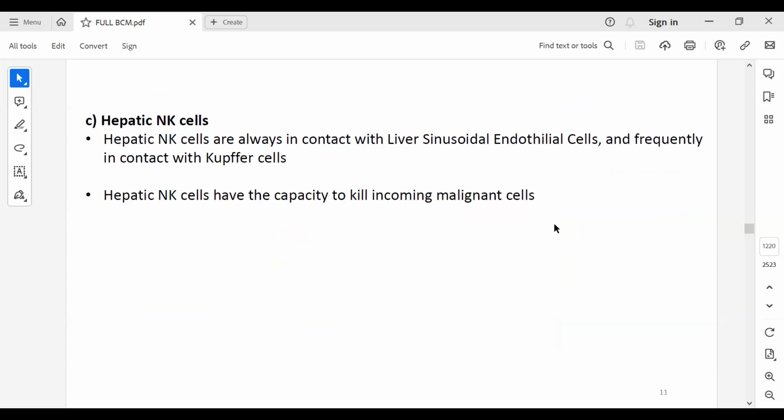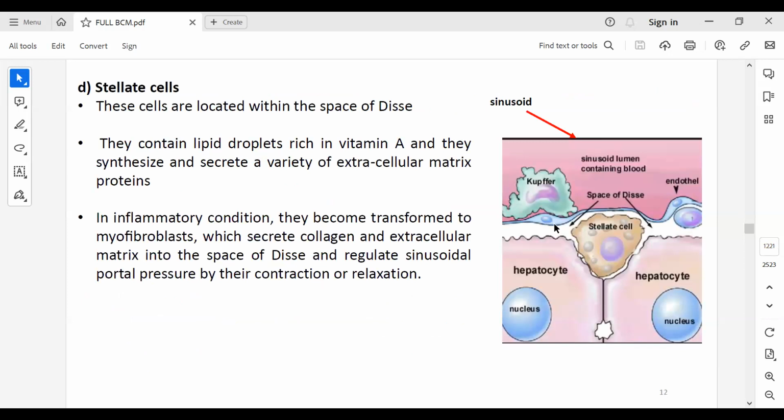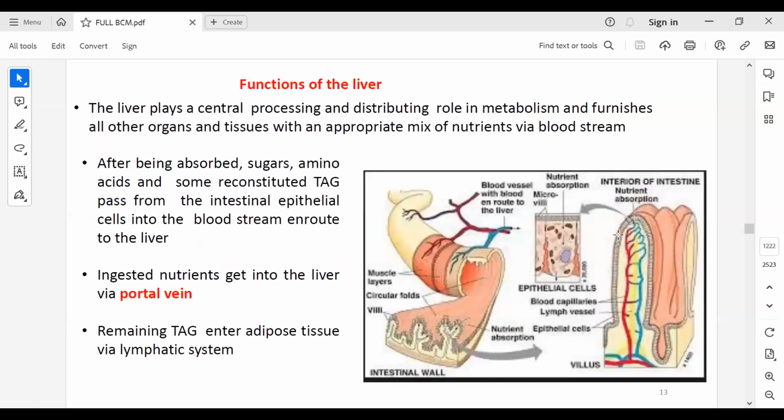We have the hepatic natural killer cells, we have the stellate cells. This one again plays a role in inflammation, being transformed into myofibroblasts that secrete collagen. So again, part of the immune system.